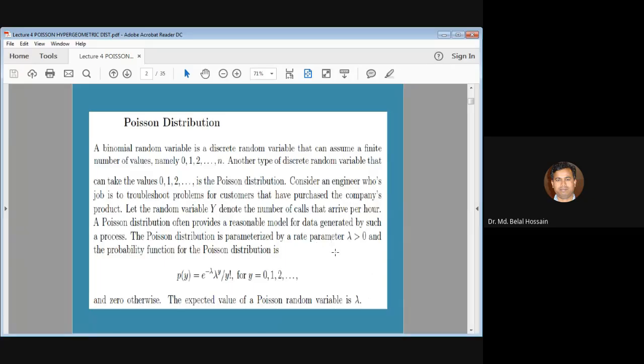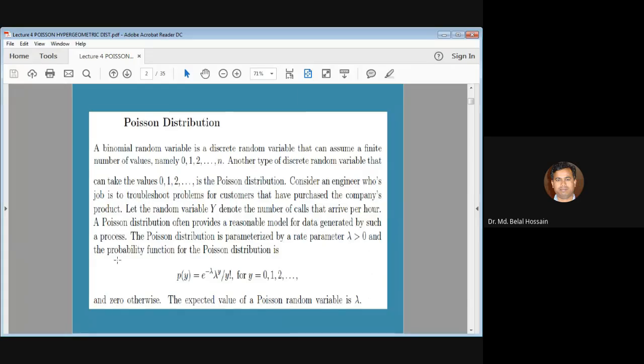In the binomial distribution we had 2 parameters, p and n. Here in the Poisson distribution you have one parameter, a rate parameter, and later you will know this rate parameter lambda is the mean.